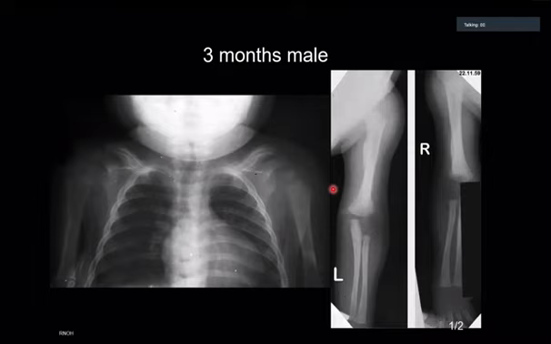Okay, so I'm provided with the frontal projection of the skeletally immature patient, as well as the femur and tibia fibula frontal projection, in which I can see there is a pronounced periosteal reaction noted in the diaphyseal region, however sparing the metaphysis.